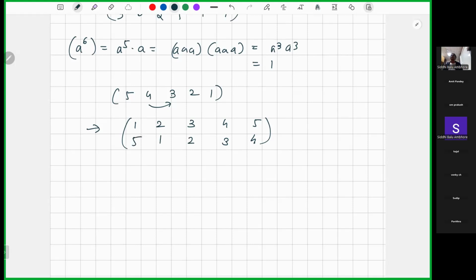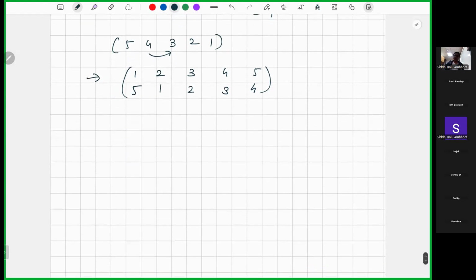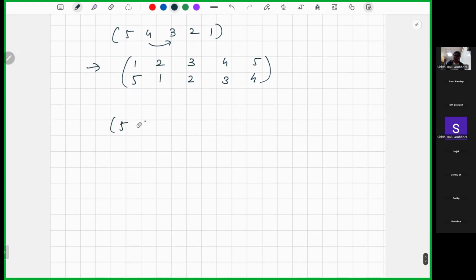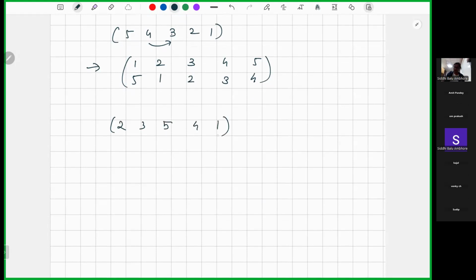This is my cycle. This is a very bad example, but if I also take 2, 3, 5, 4, 1, look at this as a cycle. It is like arranging these numbers in a cycle: 2 is going to 3, 3 is going to 5, 5 is going to 4, 4 is going to 1, 1 is going to 2.